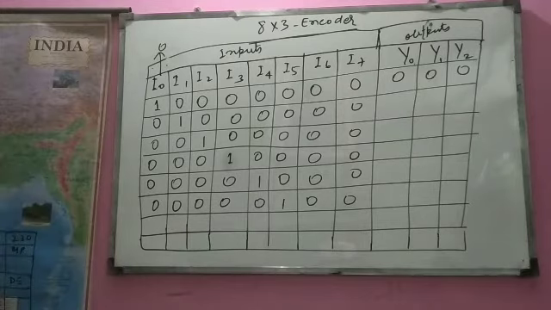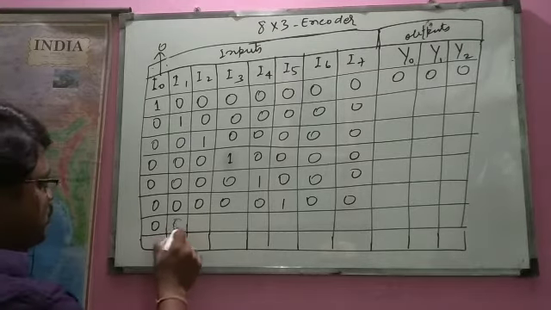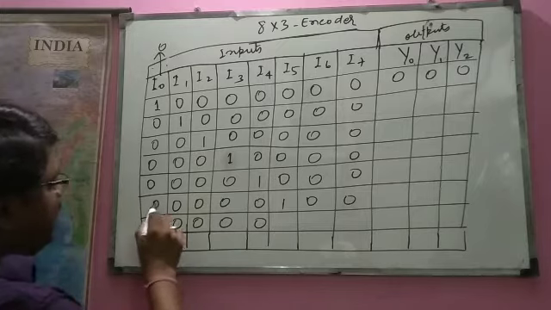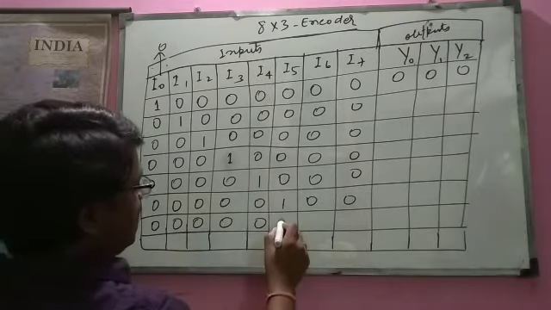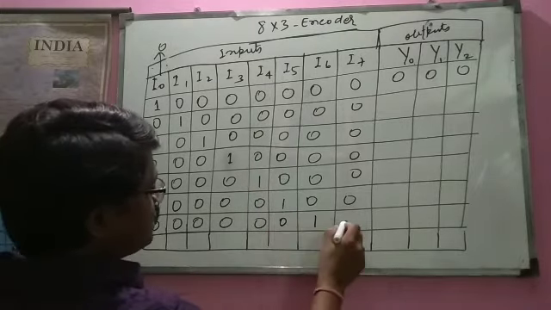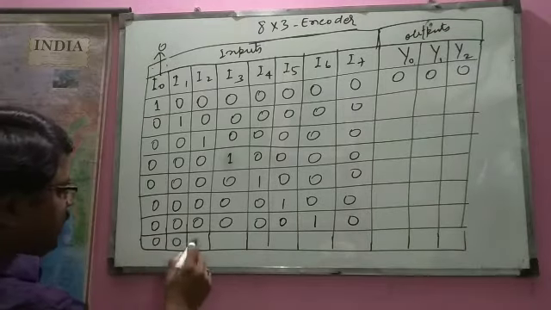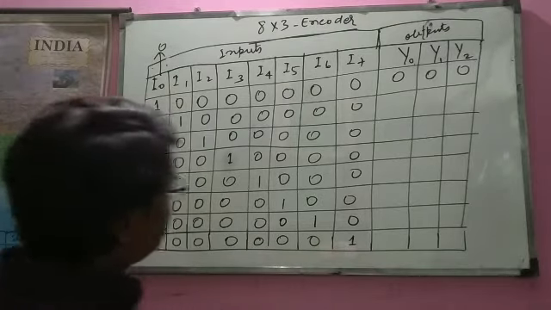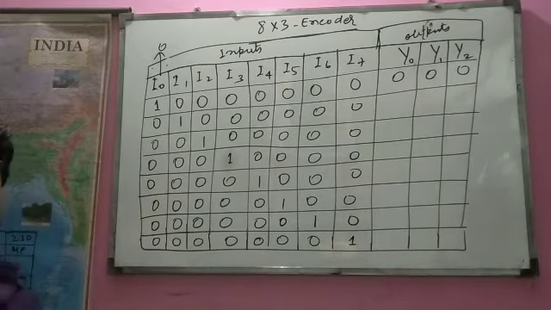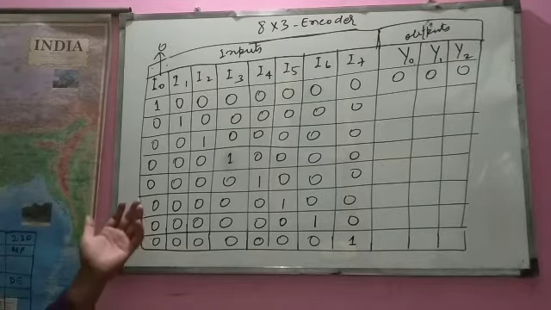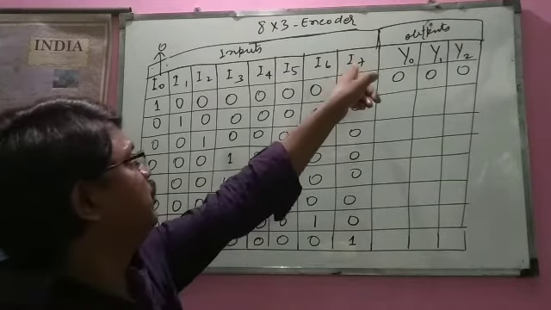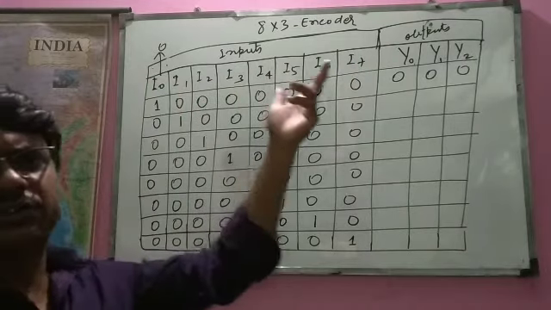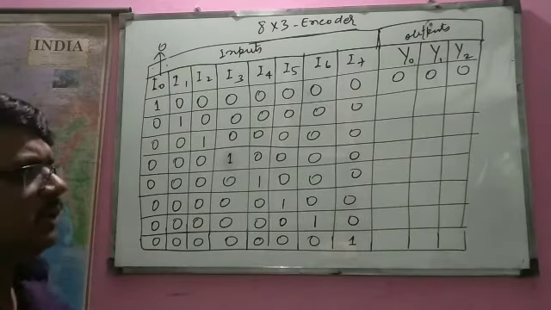Okay, so see what will be the condition. In this condition I5 was high and now I6 will be high, and last one in this case I7 will be high, and so on. Some people write I0 here and I7 here, so that is no problem, that is the same thing.